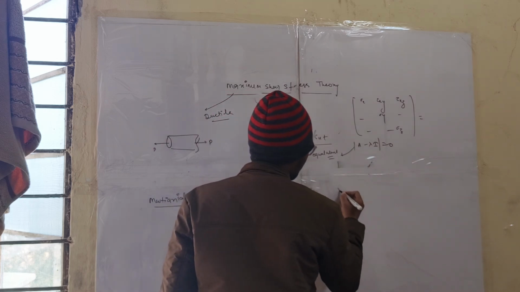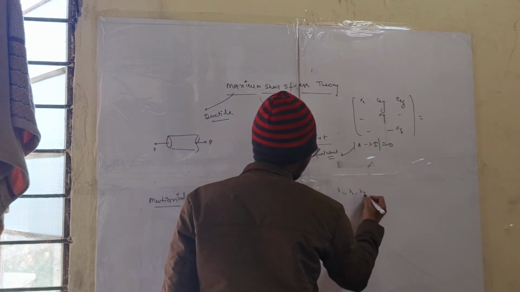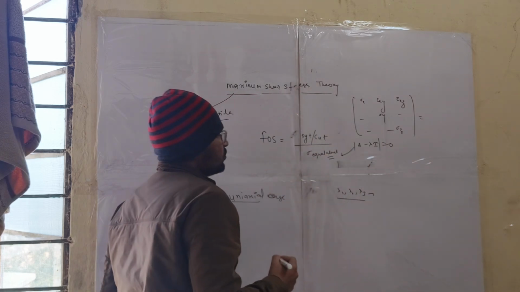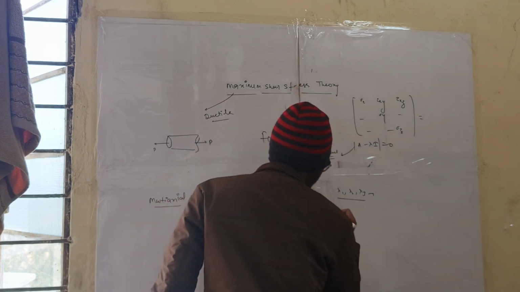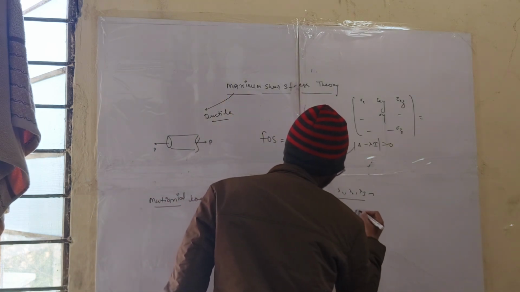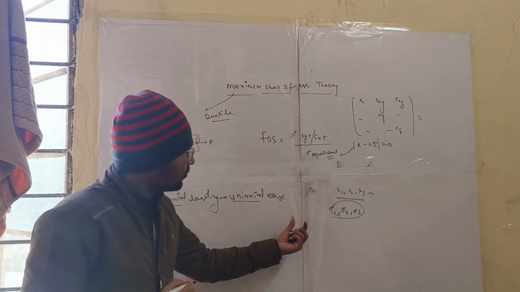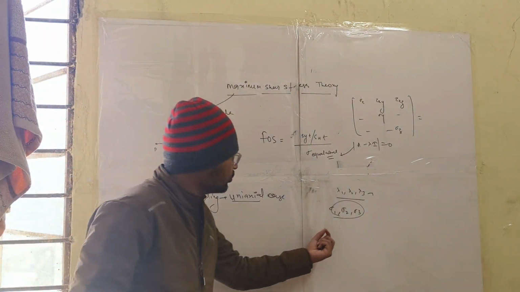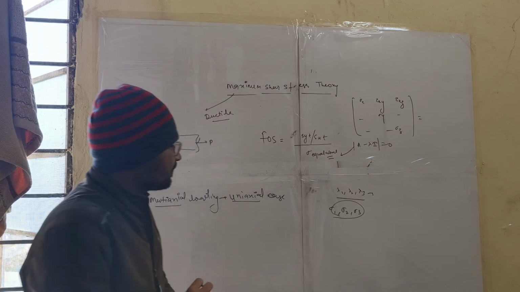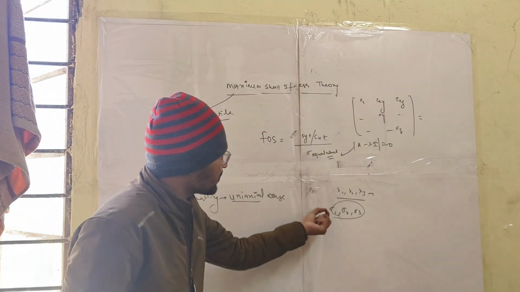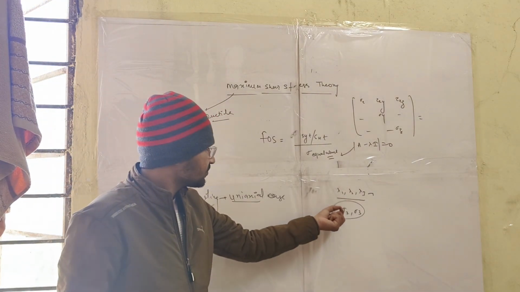By using that, you can find lambda 1, lambda 2, lambda 3. These are the principal stresses, lambda 1, lambda 2, lambda 3.